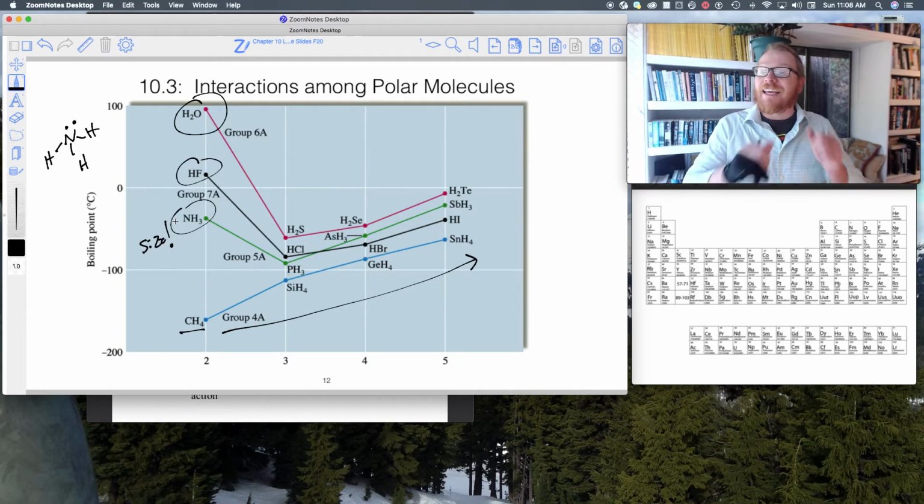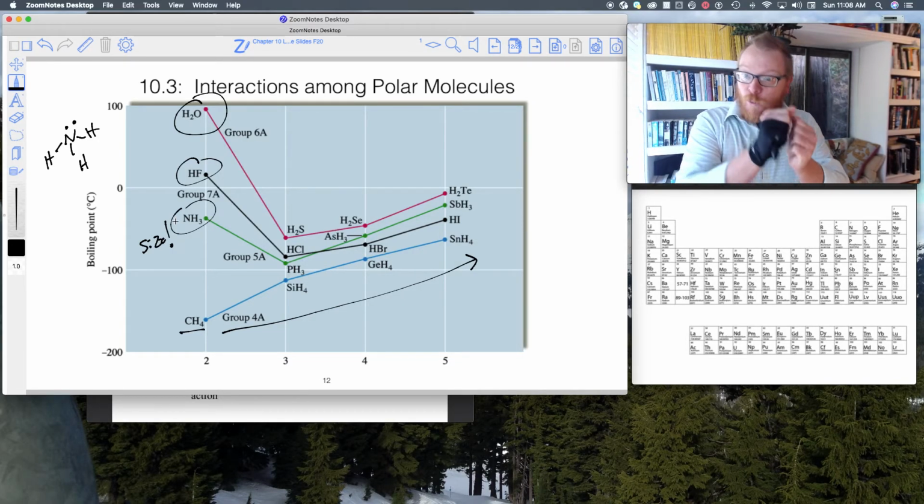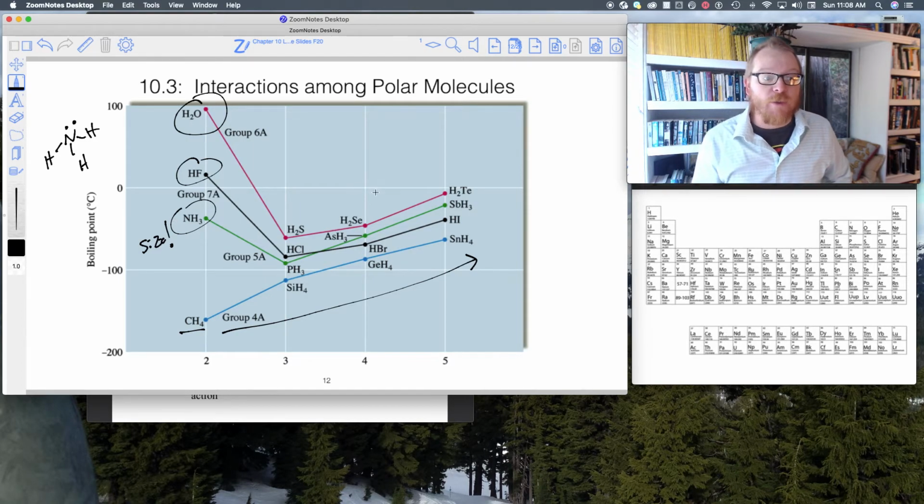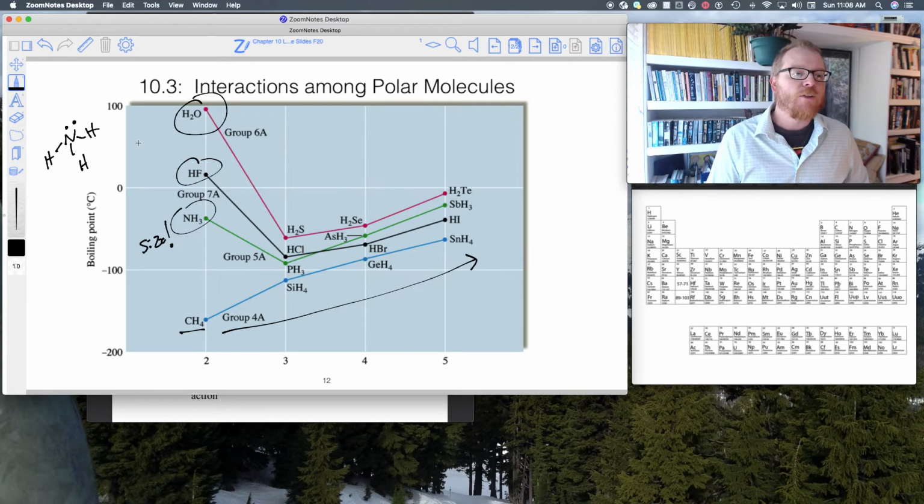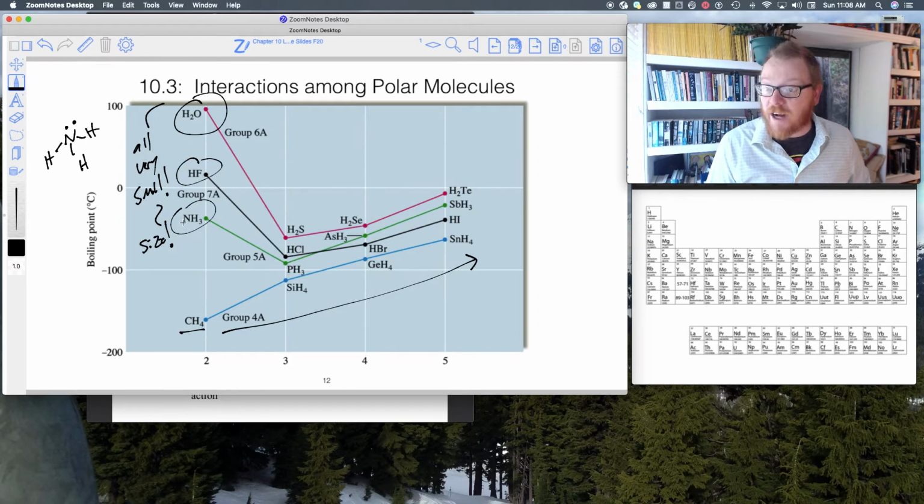And what that means is it can pack together with other NH3s quite well. And the same thing is observed with HF, and the same thing is observed with H2O. So these are all very small. All of these, H2O, HF, NH3, and that makes them incredibly polar.